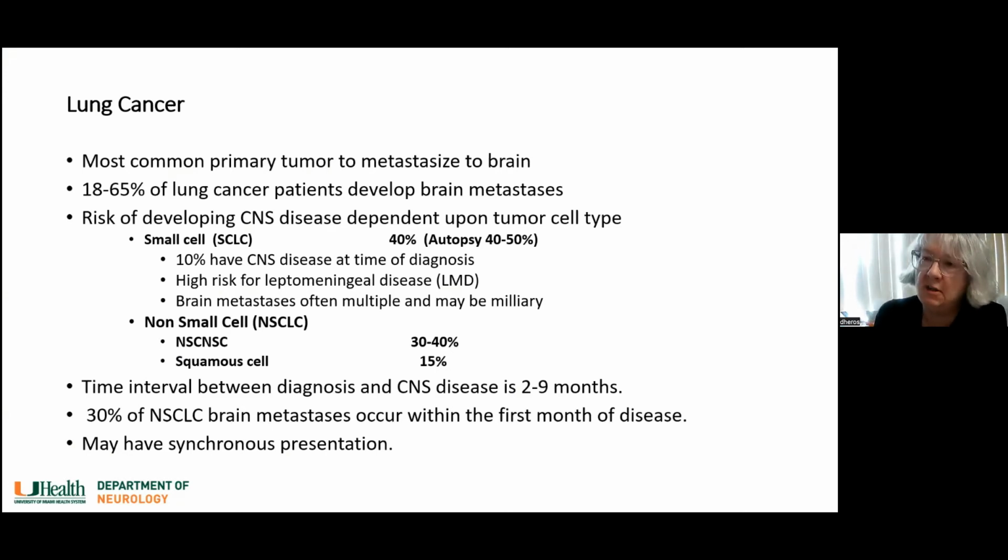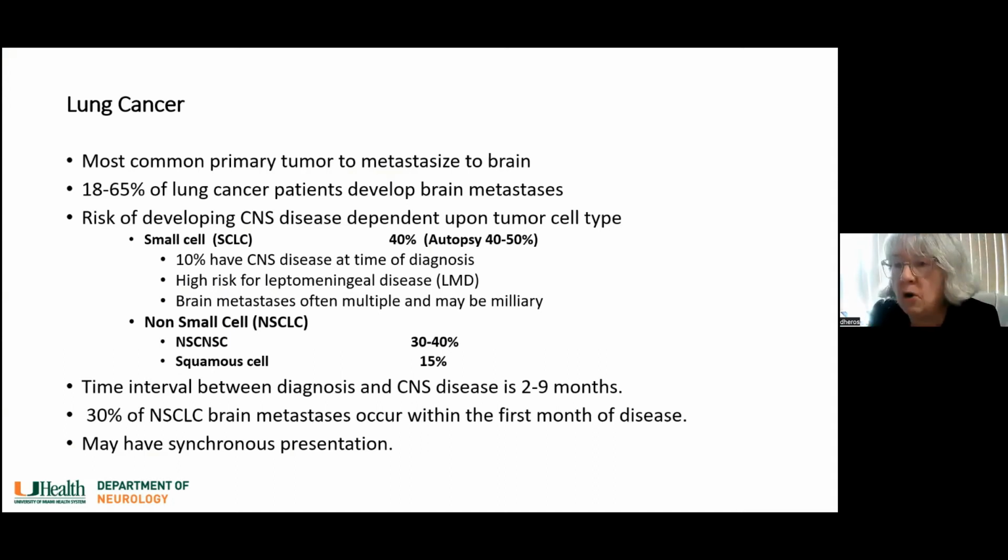So as I mentioned, lung cancer is the most common primary tumor to metastasize to brain. And between 18 and 65% of lung cancer patients develop brain metastasis. And there's such a high range because that risk of developing CNS disease is dependent upon the original tumor cell type of the lung cancer.